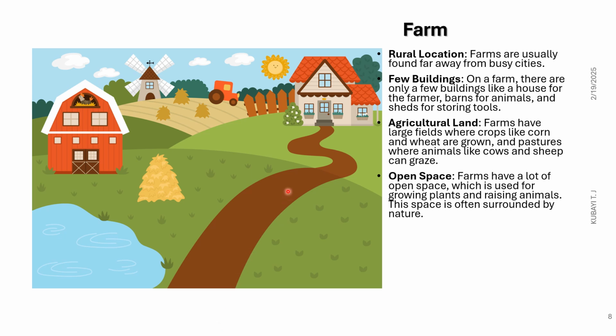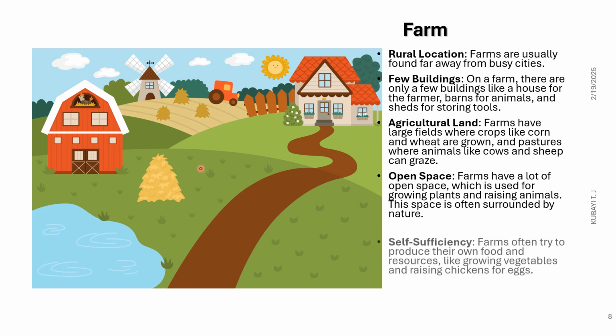Farms have a lot of open space which is used for growing plants, which is used for raising animals. This space is often surrounded by nature. You can see from the background that there is nature surrounding the farm.